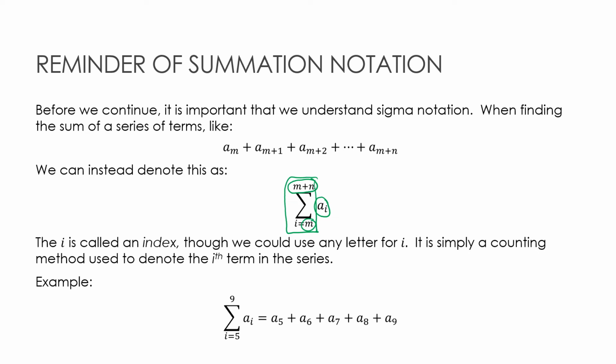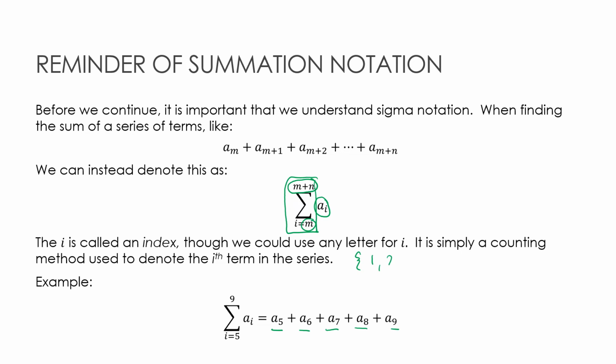So for instance, if I said I equals 5 through 9, so find the summation from 5 to 9 of a sub I, that would mean a sub 5 plus a sub 6 plus a sub 7, a8, a9. And again, what are those numbers? I have no idea because I didn't give you the series.